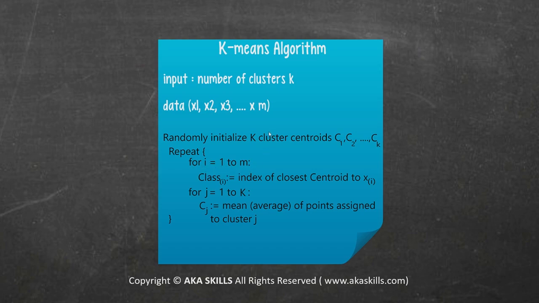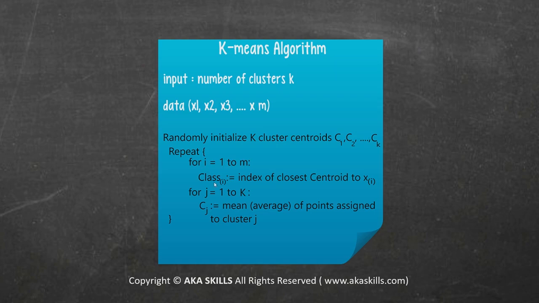We loop over all our data points, from 1 to m, that means from x1 to xm. What do we do? The class of data point i, for example the class of x1, we assign to that class the index of the closest centroid to x1.